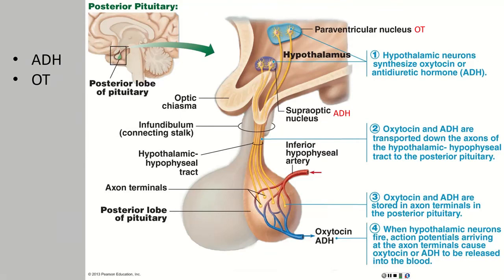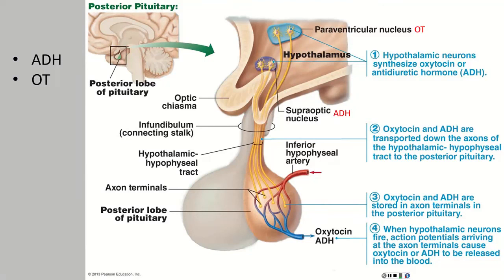Making too much ADH, well, if you think about what is the job of ADH, it causes you to reabsorb more water. If you have too much ADH, then you're going to reabsorb too much water. If you reabsorb too much water, what happens? Your blood volume goes up, your blood pressure goes up, so you end up having all of the problems that come with hypertension, high blood pressure.